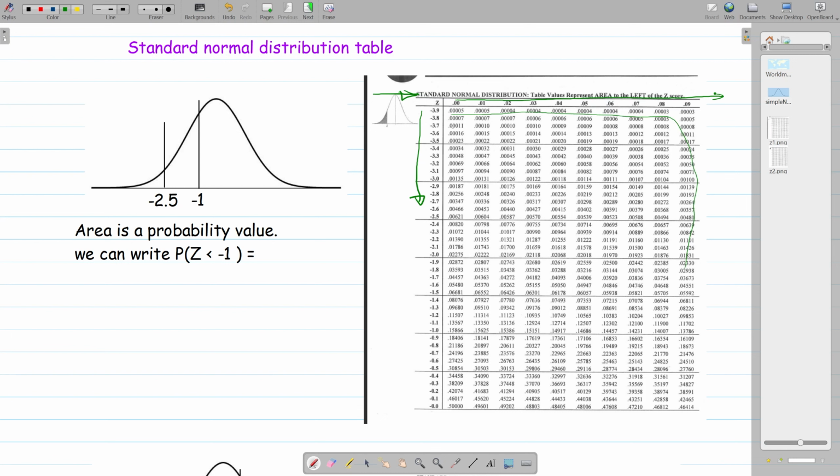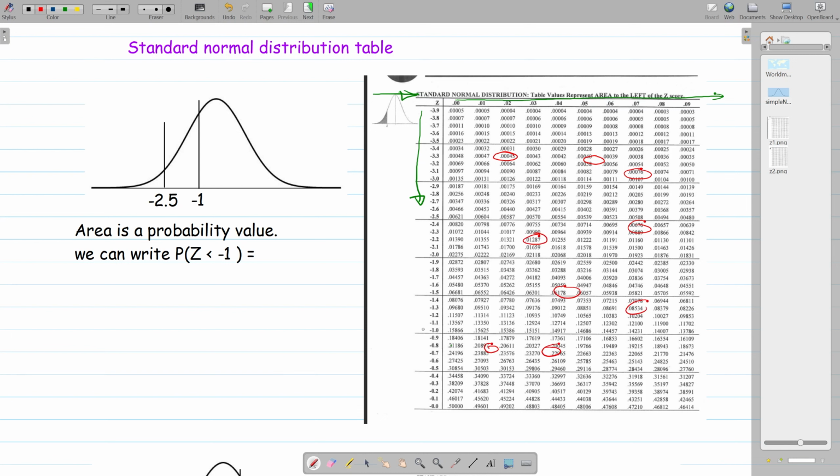What does that mean? These are the area values, the area of the graph, different area values.